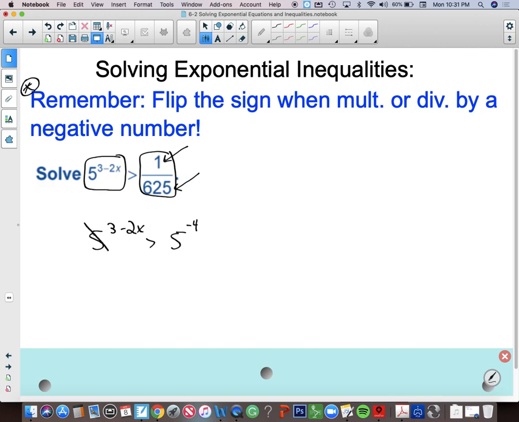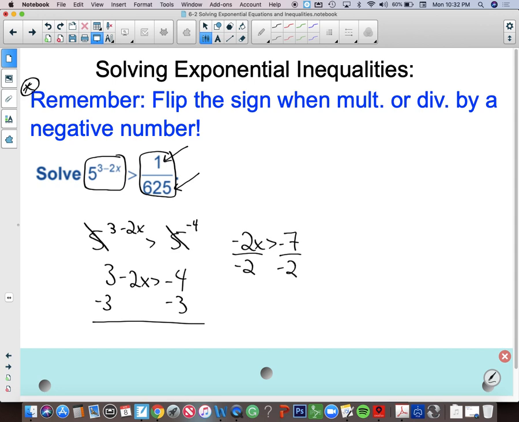So we got the same base, let's forget about it, set the exponents equal to each other, and go ahead and solve. So move the 3 over, then we're going to have negative 2x is greater than negative 7, divide by negative 2, and don't forget, because we divided by a negative, that's going to be x is less than 7/2.